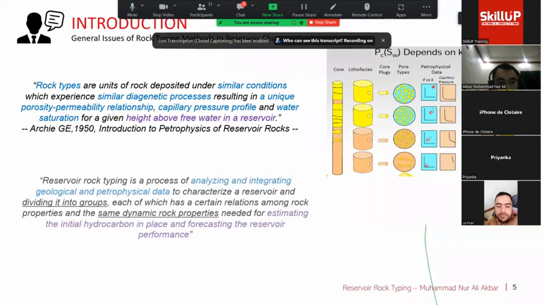But regarding reservoir rock typing, it is more related to analyzing and integrating the geological and petrophysical data.